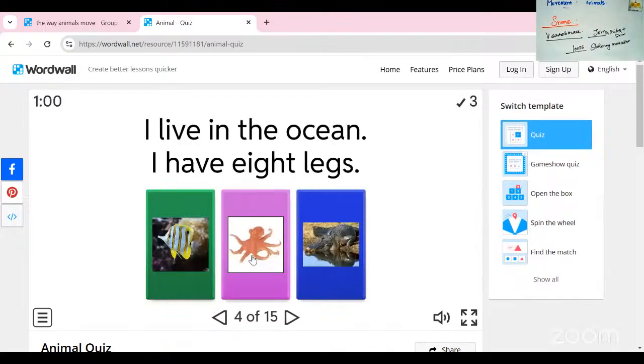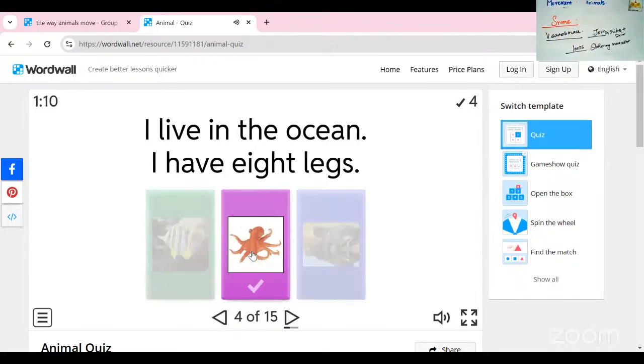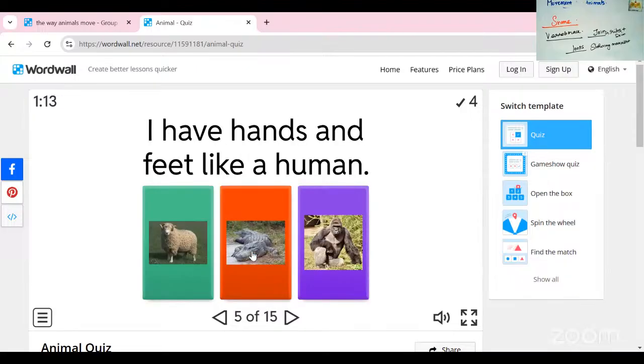Next one: I live in the ocean. I have 8 legs. Yes, the octopus. This is the right answer for that, the 8-legged animal. Next: I have hands and feet like a human. Who looks like a human? Sheep, crocodile or monkey?